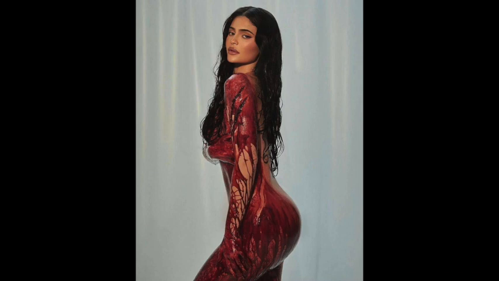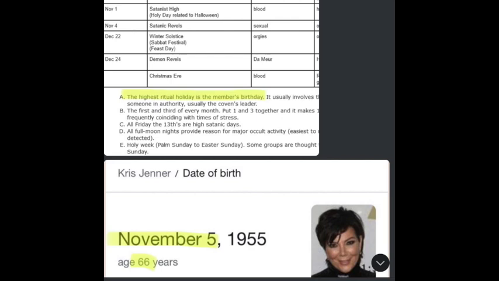In fact, we're going to come back to that video and keep going on some of these numbers, because we got another lady he's probably trying to impress big time, and it is Kris Jenner. She was born November 5th, 1955. She is 66 years old.